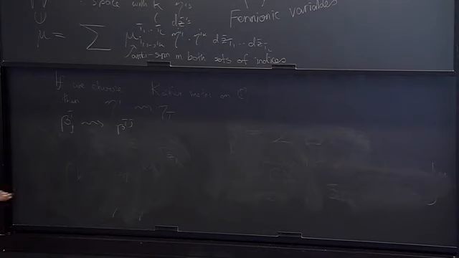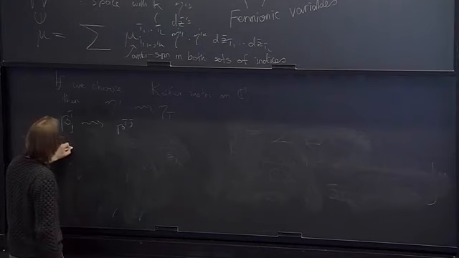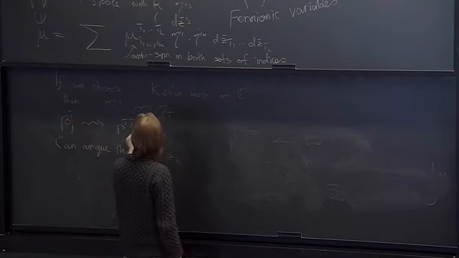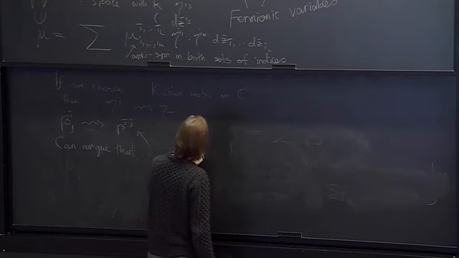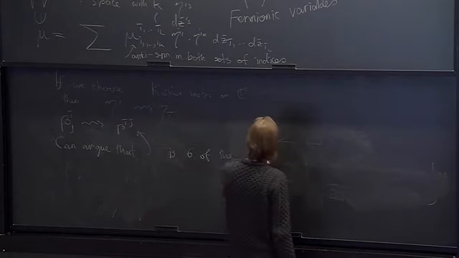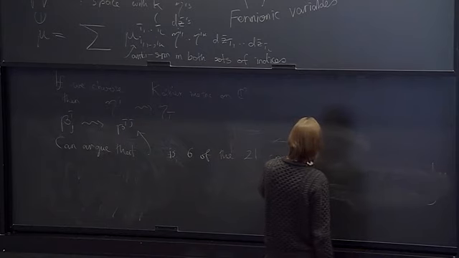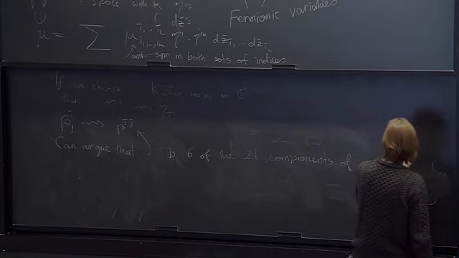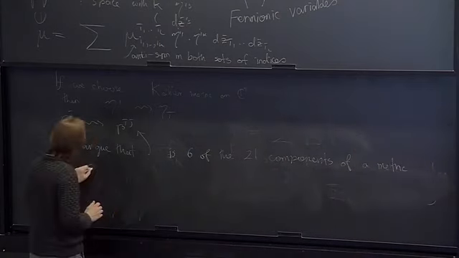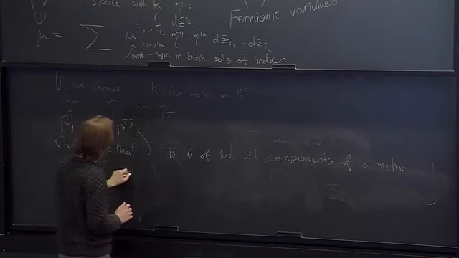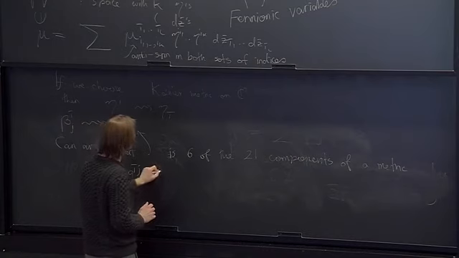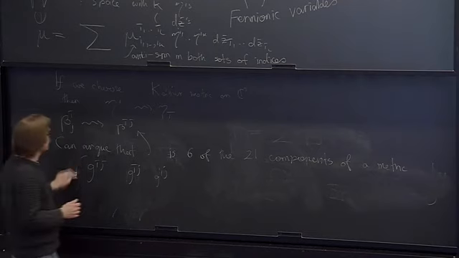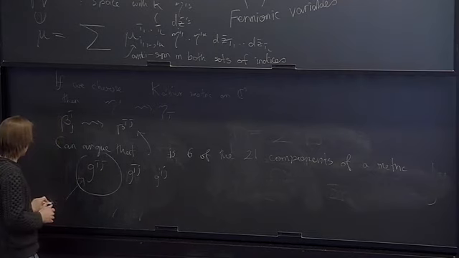So you can argue that this is 6 of the 21 components of a metric. A metric has components di bar j bar, di bar j, di j, and these components are a Beltrami differential.